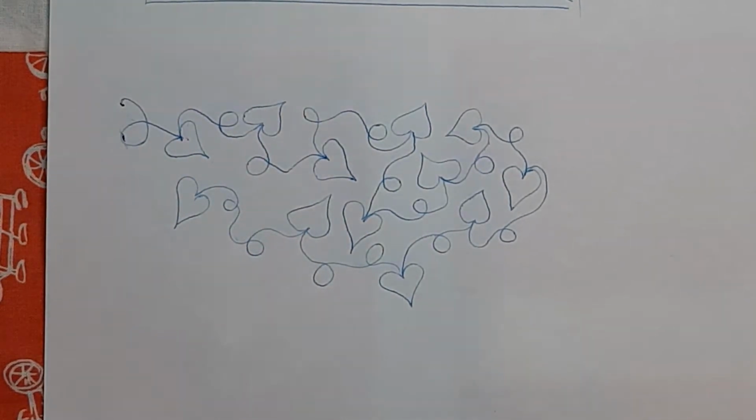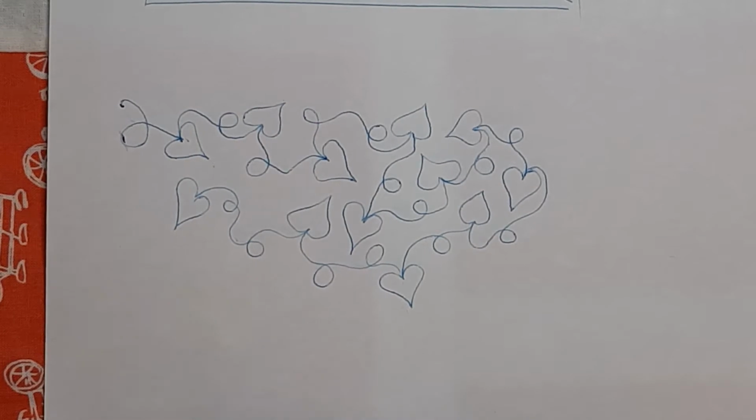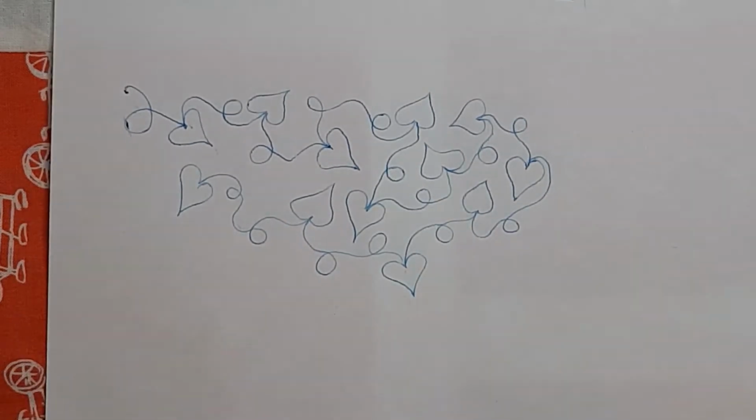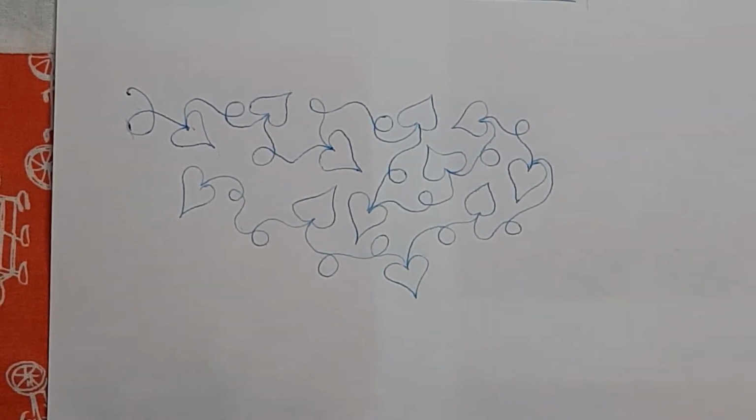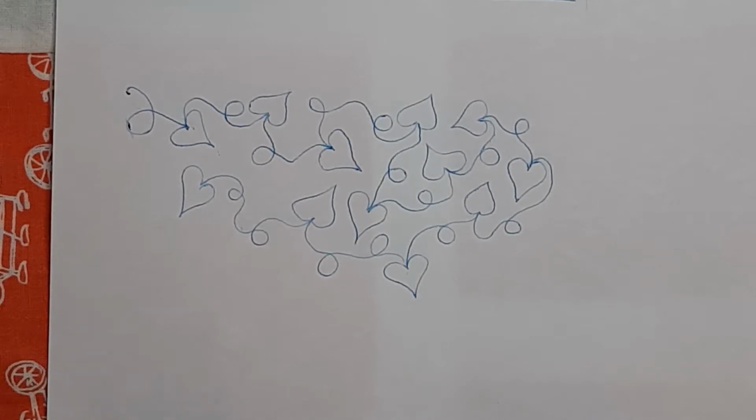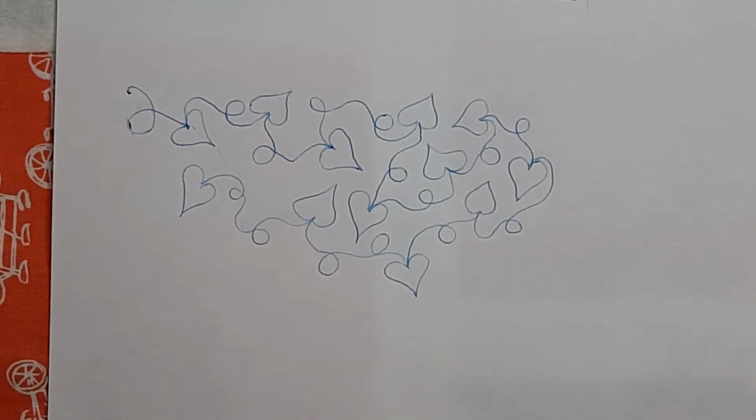So don't be afraid to add in those extra loops, because keep in mind that once your quilt is done, these are details that people don't notice unless they're really looking closely. But in general, what they see is the general texture and that you've got hearts and loops.